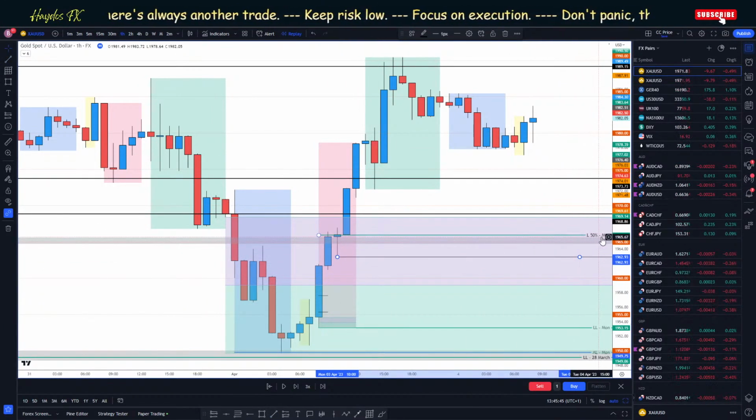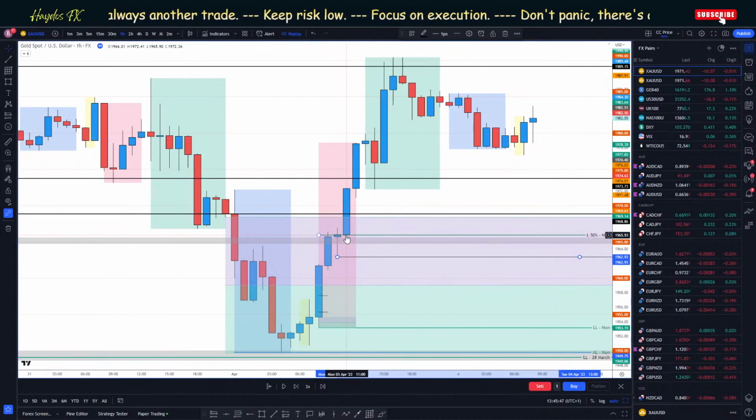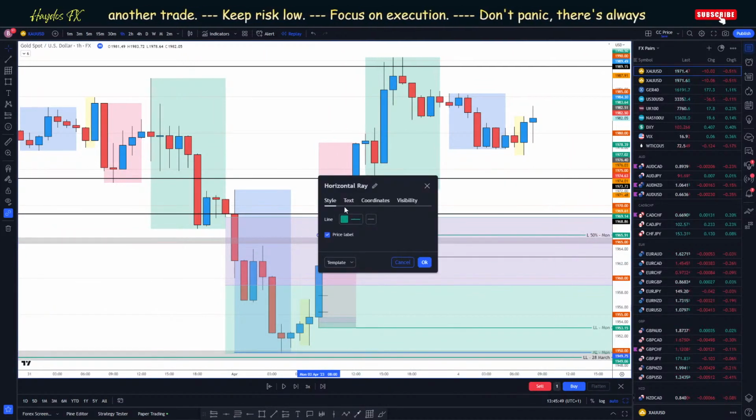So London 50% from Monday, the 3rd of April.